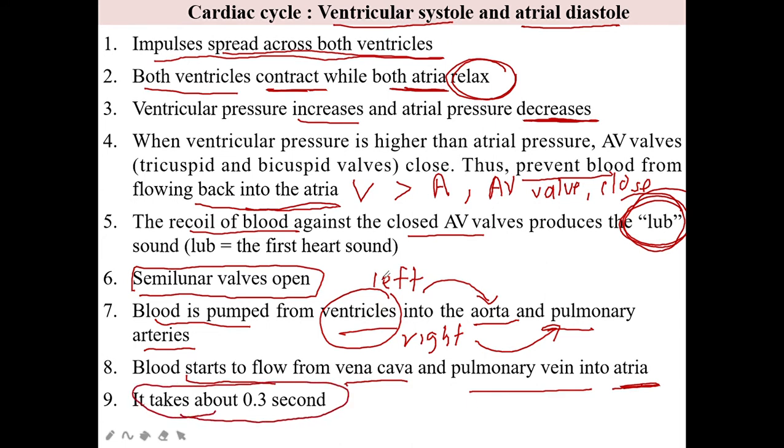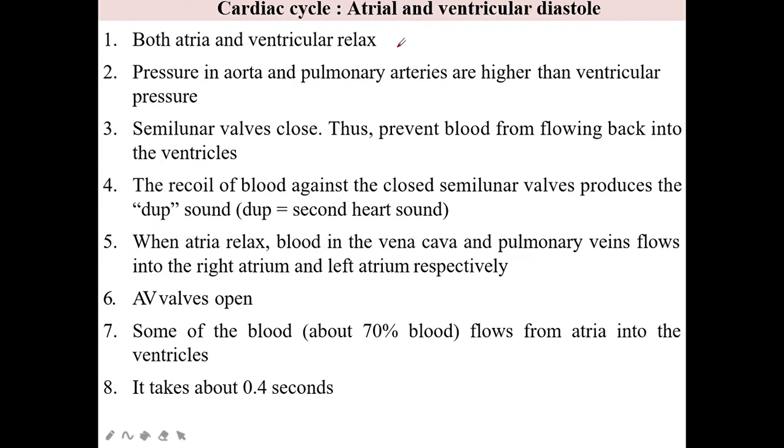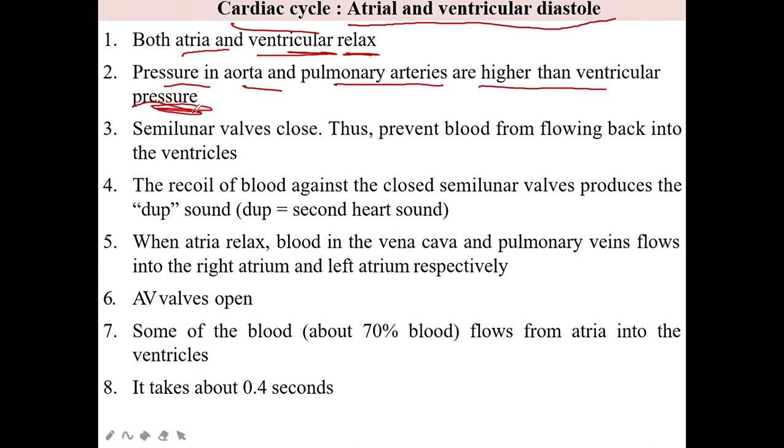Okay. So fasa yang ketiga dalam cardiac cycle, both atria dengan ventricle akan relax. So atrial and ventricular diastole. So during this time, both atria and ventricle will relax. And pressure in aorta and pulmonary arteries are higher than ventricular pressure. Okay, so bila pressure dekat aorta dengan pulmonary artery lebih tinggi daripada ventricular pressure, semilunar valve will close.